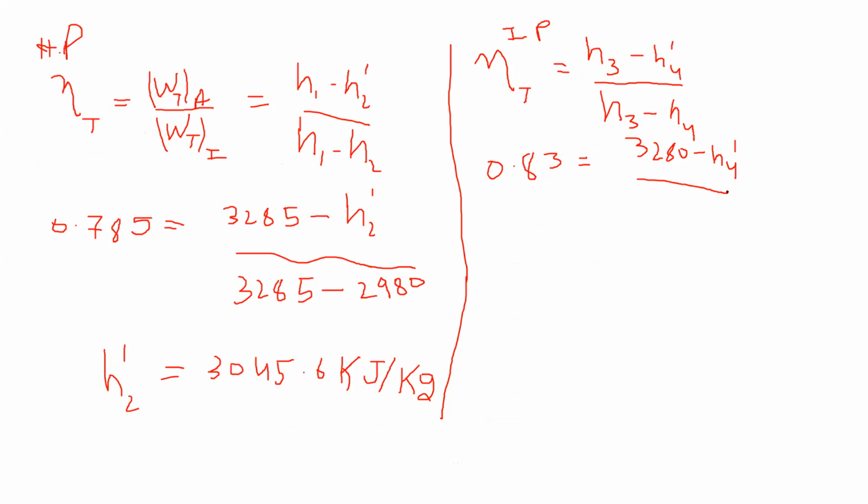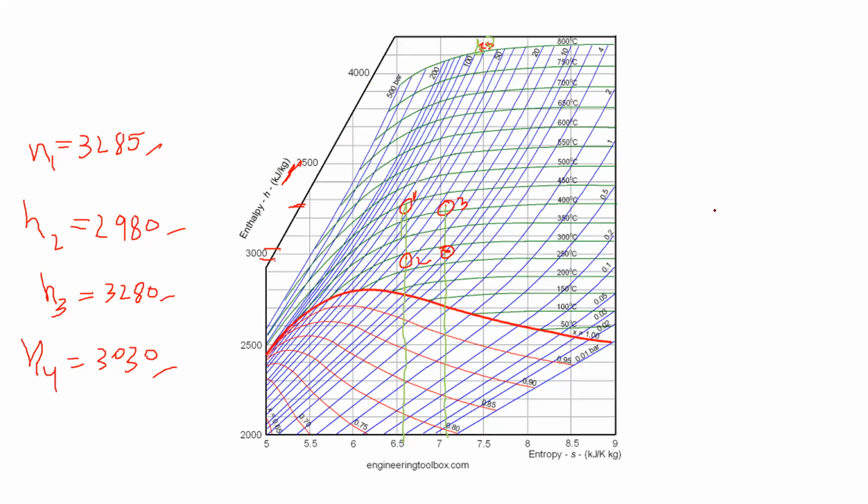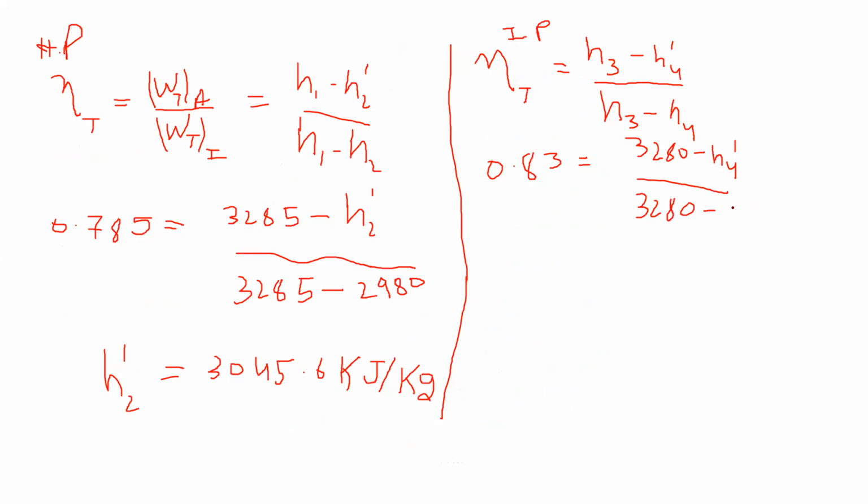Here H3 is 3280, which is taken from the Mollier chart, minus H4, which is usually taken from the boiler side, that is 3030. If you calculate this one, wait a second, I'm calculating and will tell you the value of H4 dash.